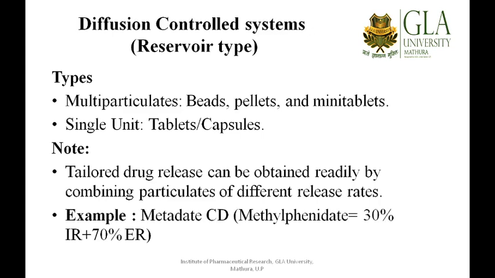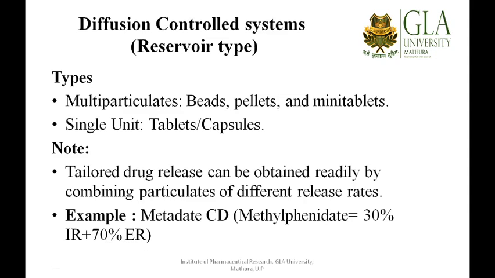So one example is that Metadate CD is a perfect example of this tailored drug release, and it encompasses the drug methylphenidate, which is a CNS stimulant basically. So you can see the strategy adopted over here is that 30% is released as the immediate release drug, and 70% is coated in such a fashion that it will be released as an extended release dosage form.